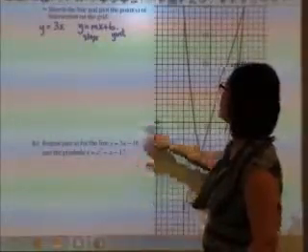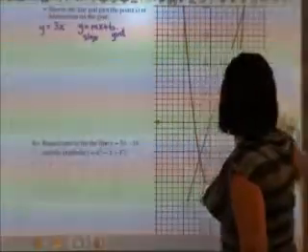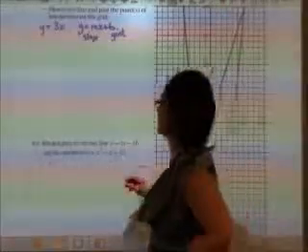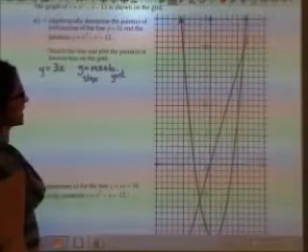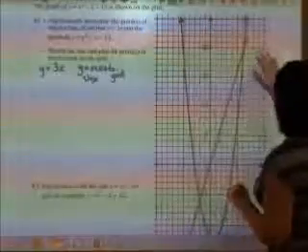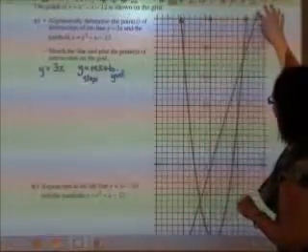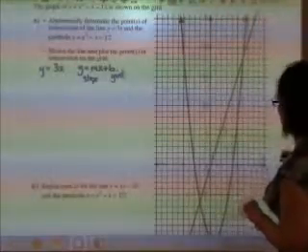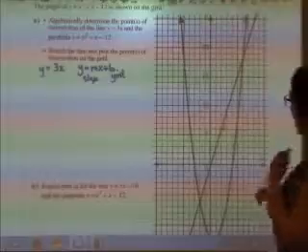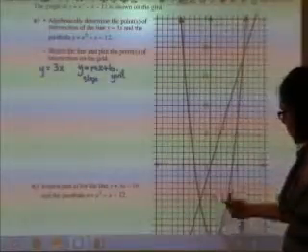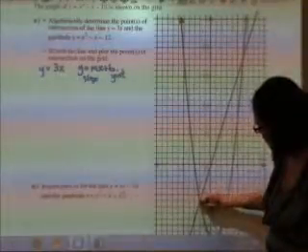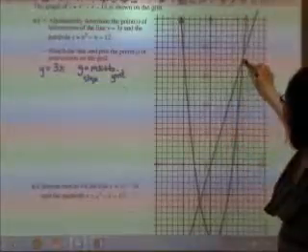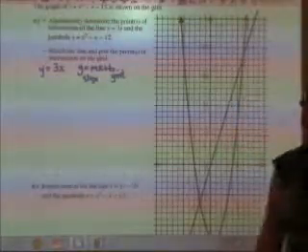And what I'm looking for is where this line crosses the graph. So I want to make sure that I can see both intersection points on my graph. So I have an intersection point right here, and I have another intersection point right here.